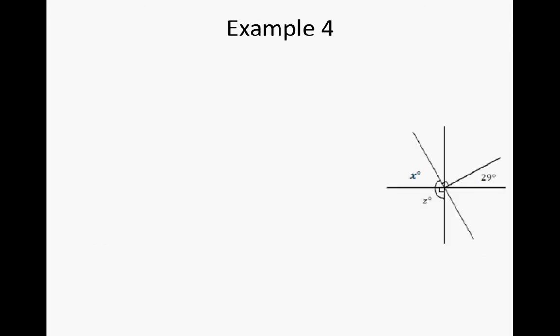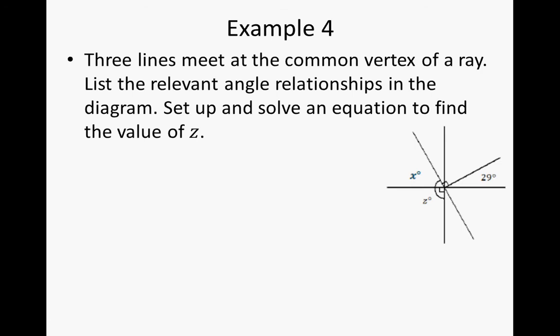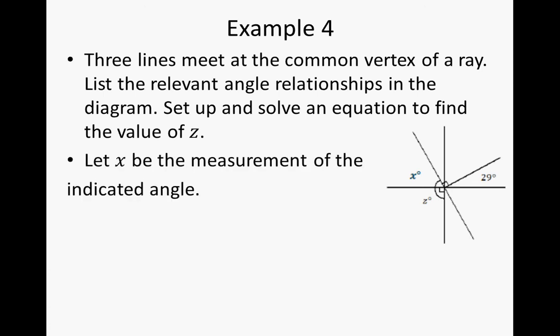All right, example 4. Three lines meet at a common vertex of a ray. List the relevant angle relationships in the diagram. Set up and solve an equation to find the value of z. We're going to let x be the measurement of the indicated angle. So we have x plus 29 plus 90, because we have this 90-degree angle right here.